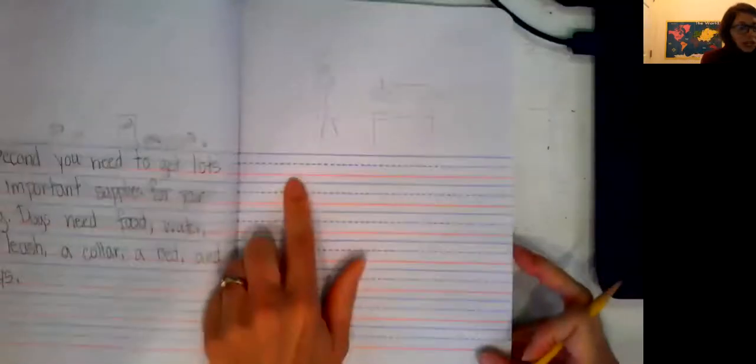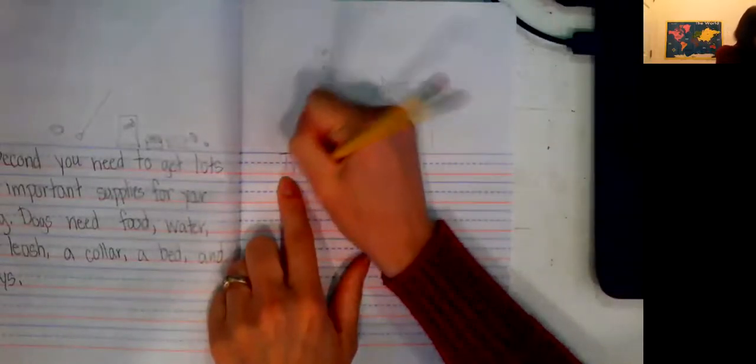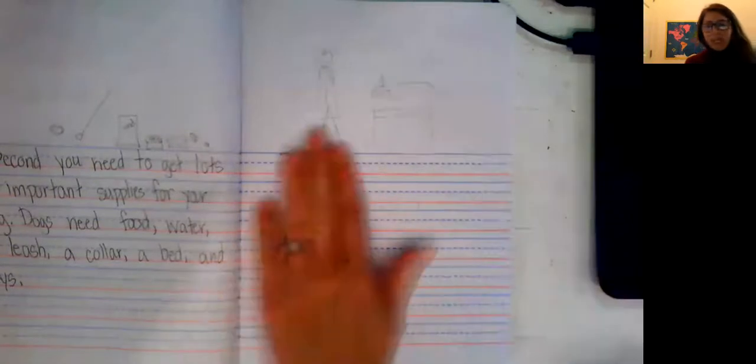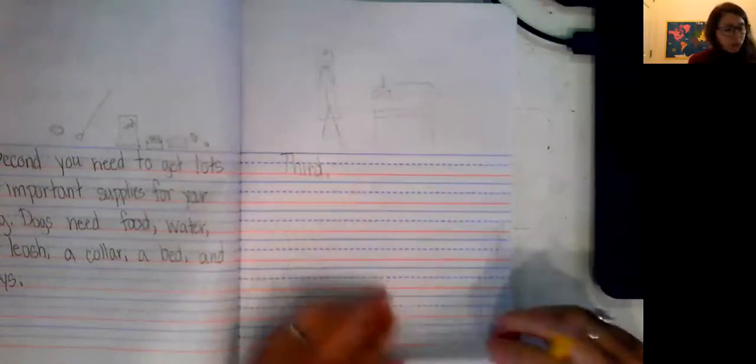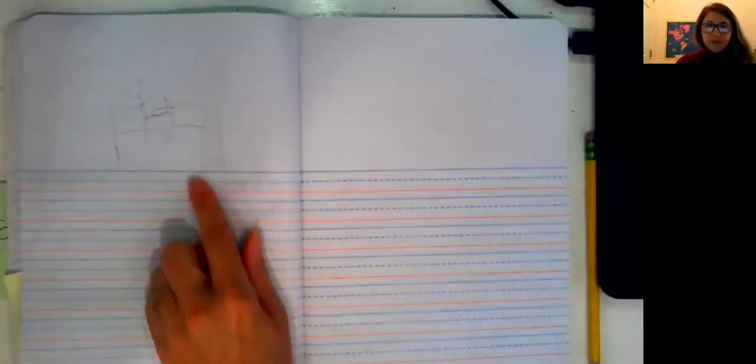Okay. On this next page, I bet you can guess what I'm going to say next. On this next page, I'm going to write third. Okay. And then I'm going to talk about taking your dog to the veterinarian and how that's so important. And on my last page, I'm going to talk about giving your dog lots and lots of love.